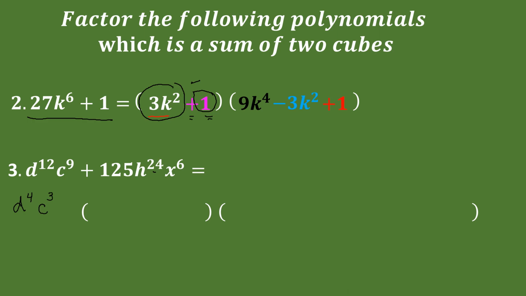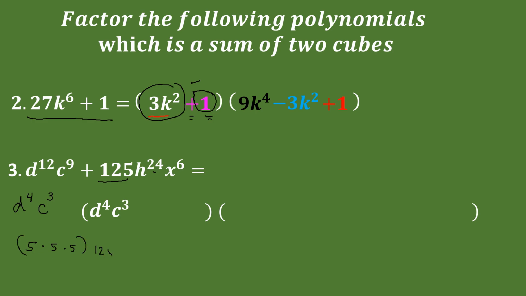So far, that is our first term in our binomial set. And then for our second term of our binomial set, what is the cube root of 125? It's 5, because 5 times 5 times 5 gives us 125.